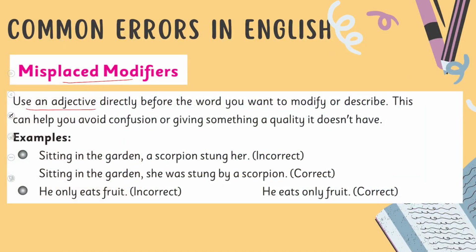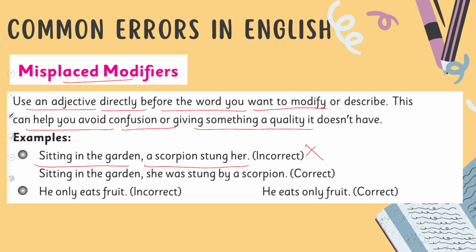So use an adjective directly before the word you want to modify or describe. This can help you avoid confusion or giving something a quality it doesn't have. For example, sitting in the garden, a scorpion stung her. Now this is incorrect because the modifier is not placed correctly. Sitting in the garden, she was stung by a scorpion.